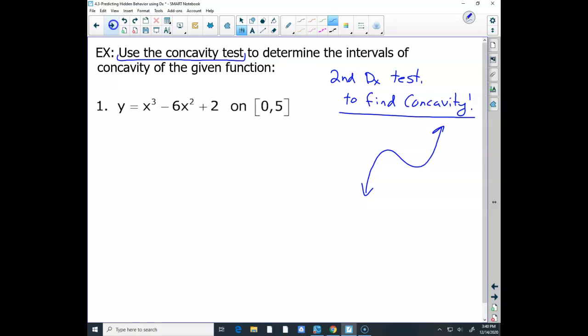So, in order to do the concavity test, we need to find the second derivative. Well, that's not going to be too rough. What's y prime? The first derivative is 3x squared minus 12x. Okay, there we go. Now I need to find the second derivative. The second derivative is going to be 6x minus 12.